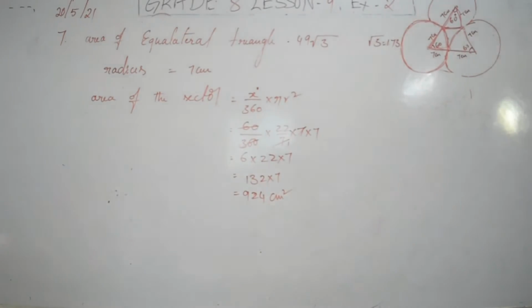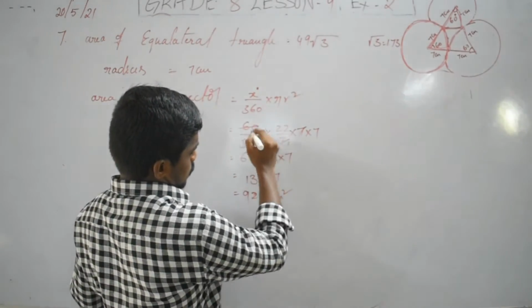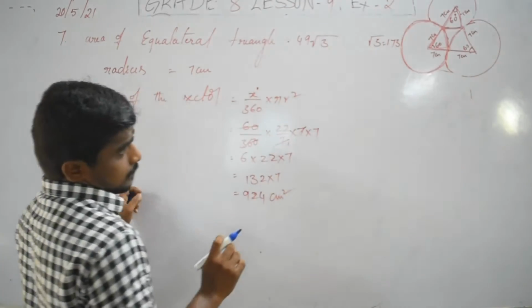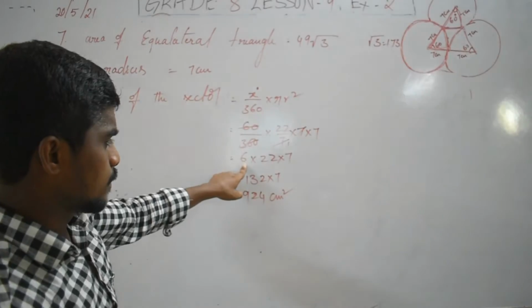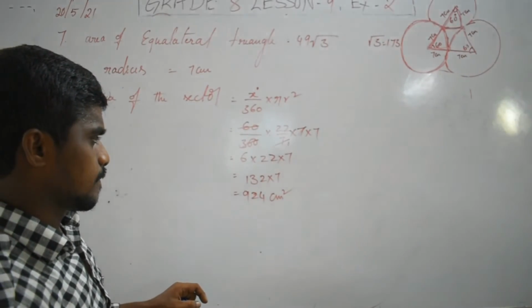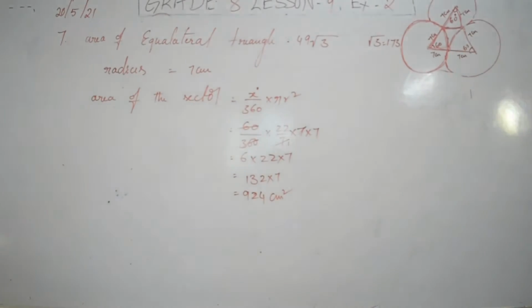So here we are multiplying. 6 6s, 7 7s cancel. So how much here? 132.